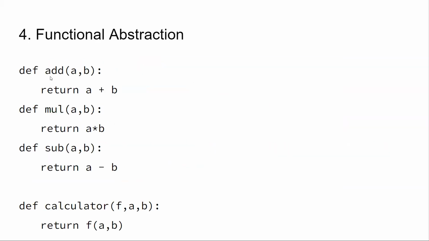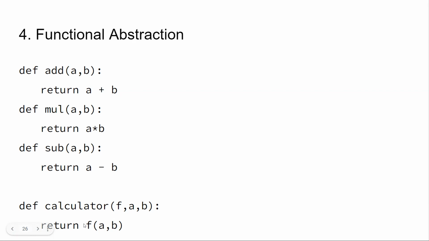Suppose I want to build a calculator. I have the functions add, mul, and sub: addition, multiplication, subtraction. So we have f(a, b) returns f of a, b. So f is actually a function here.